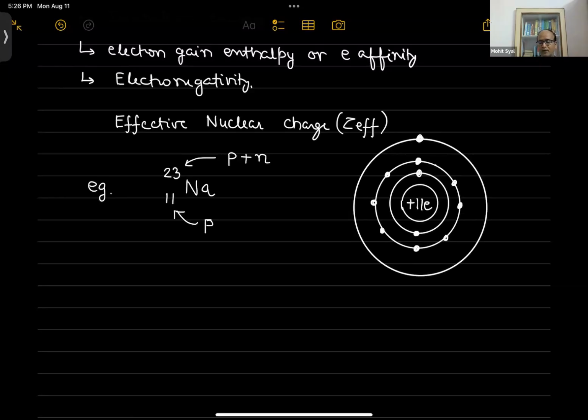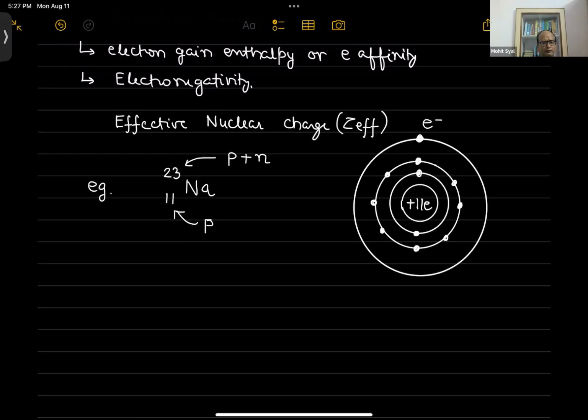So how much attractive force is this outermost electron feeling? Is it because of the 11 protons, or more than the charge of the 11 protons, or less than the charge of 11 protons?